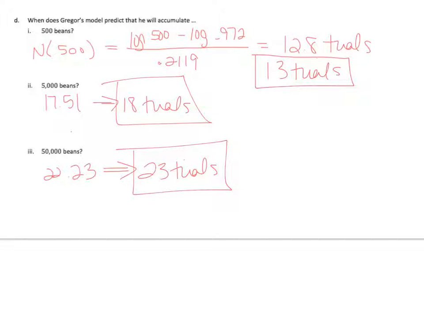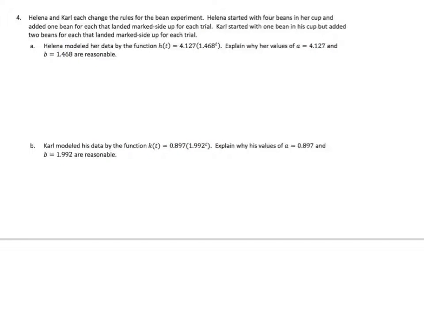Pretty cool. Alrighty. Now, Helena and Carl each changed the rules for the bean experiment. Helena starts with 4 beans in her cup and added 1 bean for each that landed marked side up for each trial. Carl started with 1 bean in his cup but added 2 beans for each that landed marked side up for the trial.